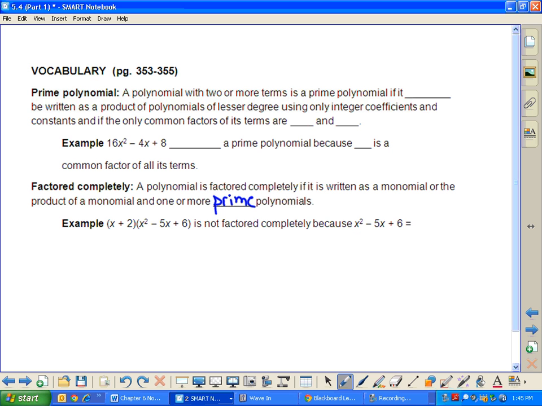So in order to understand what it means for something to be factored completely, we should probably develop our understanding of what it means to be prime. And to develop your understanding of prime polynomials, I need to go back to your understanding of prime numbers. Yes, prime numbers. So does anybody have a definition of prime numbers?